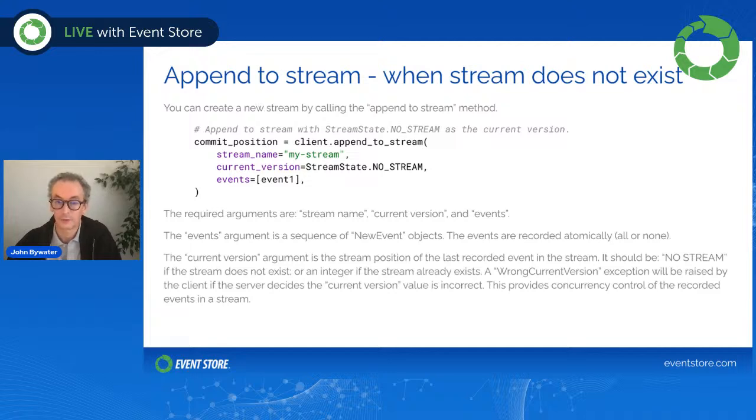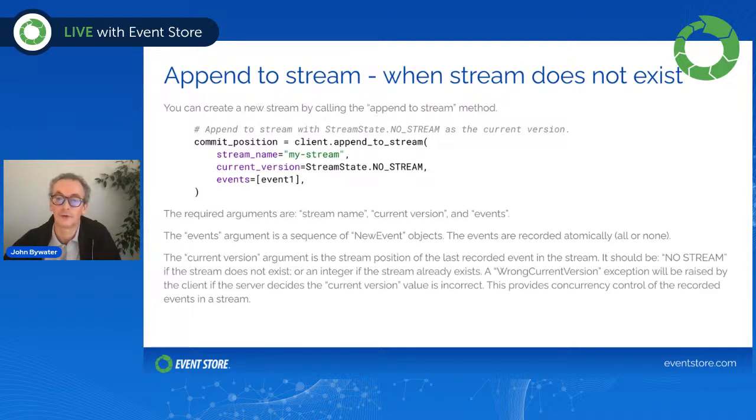The current version, when a stream does not exist, is this special thing, stream state no stream. That indicates that you know that the stream does not exist. The events argument is a sequence of new event objects, as we saw a few slides ago.